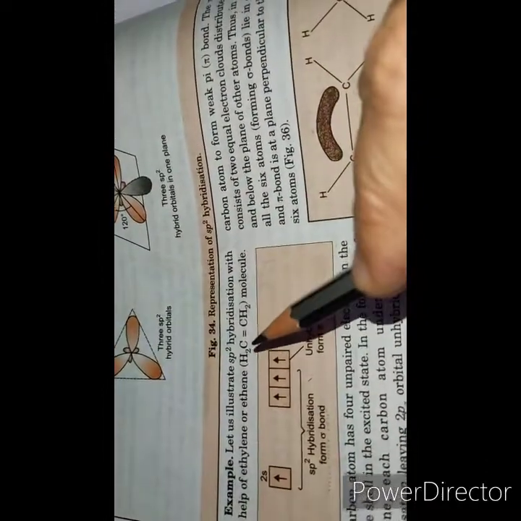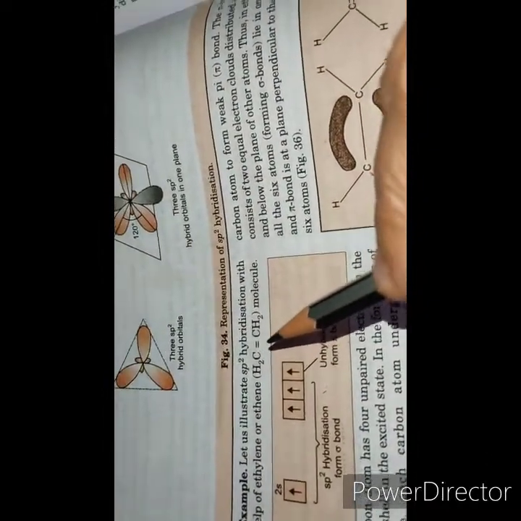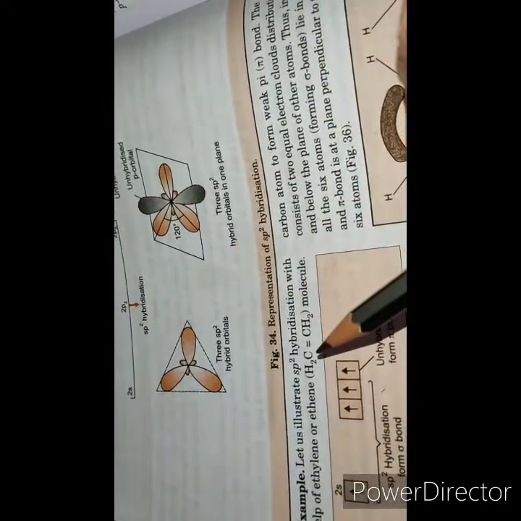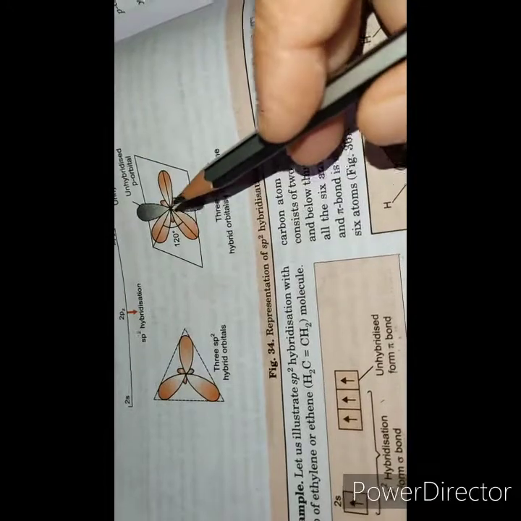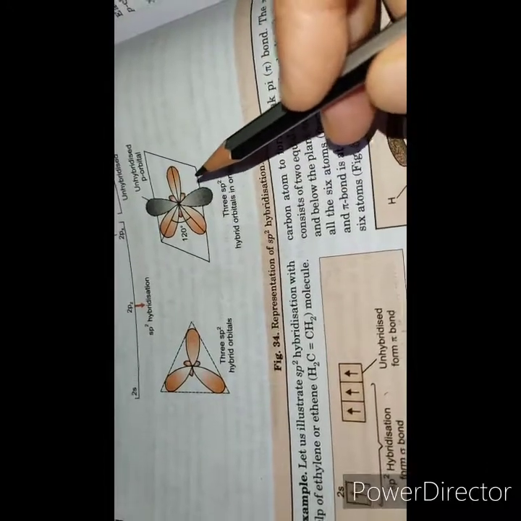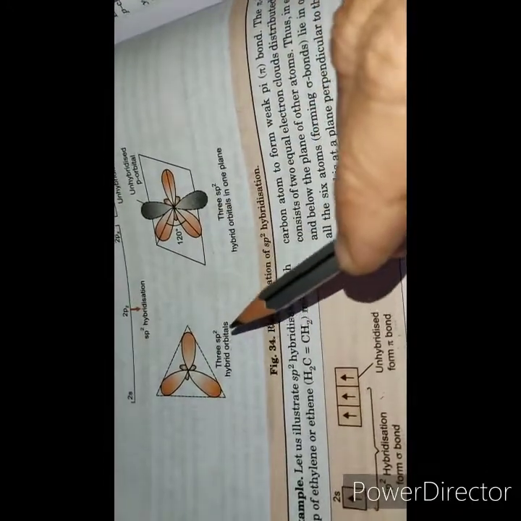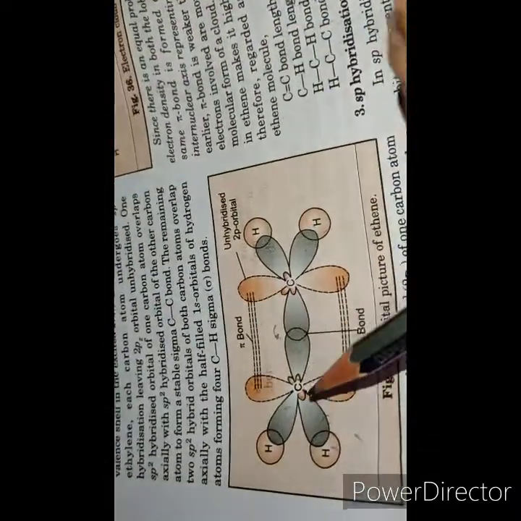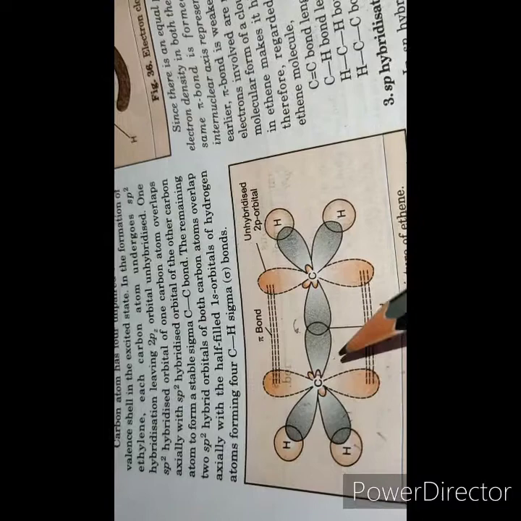In the ethene molecule, each carbon is sp2 hybridized. In sp2 hybridization, we have 3 sp2 hybrid orbitals which arrange themselves at an angle of 120 degrees.